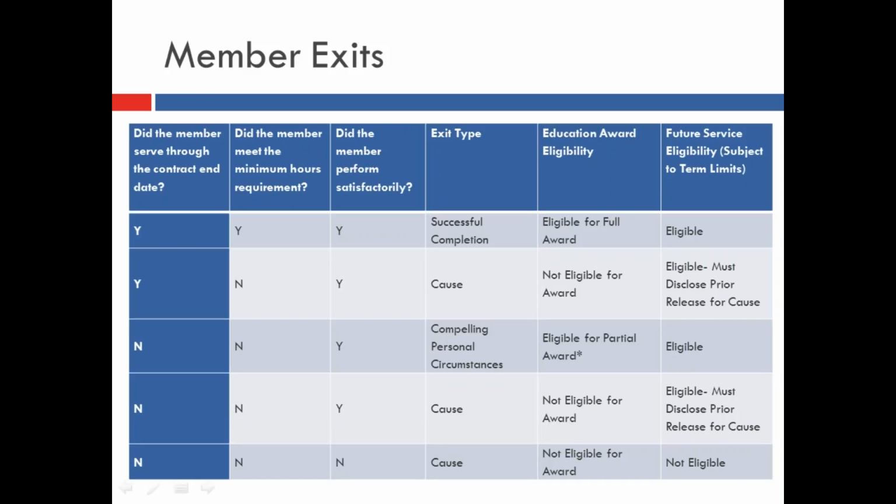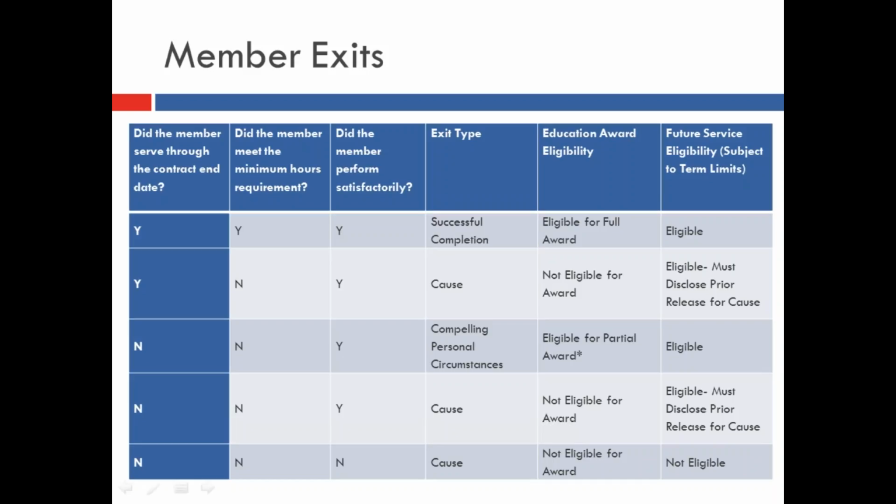Then moving on is compelling personal circumstance. Those members serve satisfactorily. There are some specific reasons why folks are exited for CPC that I'll go through in a bit. But the main difference between them and cause exits, as you know, is that they're eligible for a partial award.